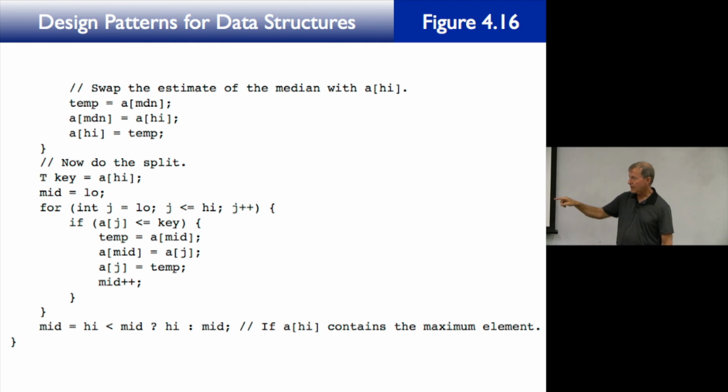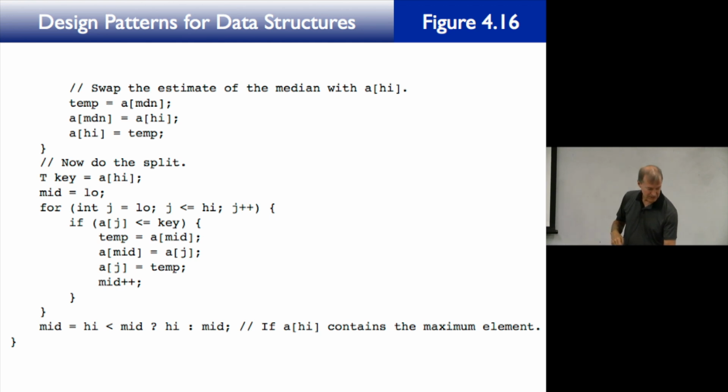It's mid gets high less than mid question mark? So what does that mean? If high is less than mid, mid gets high. Else it's mid. Otherwise, mid gets itself, and nothing changes. And why do we have to put that in here? Because if A sub high contains the maximum element, we will do mid plus plus, boom, and then mid will be greater than high, and it can't be greater than high.